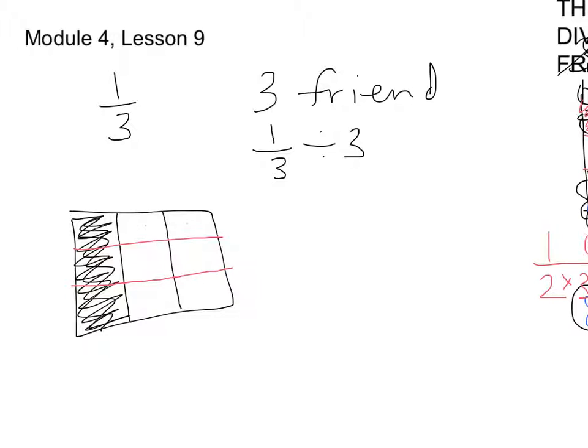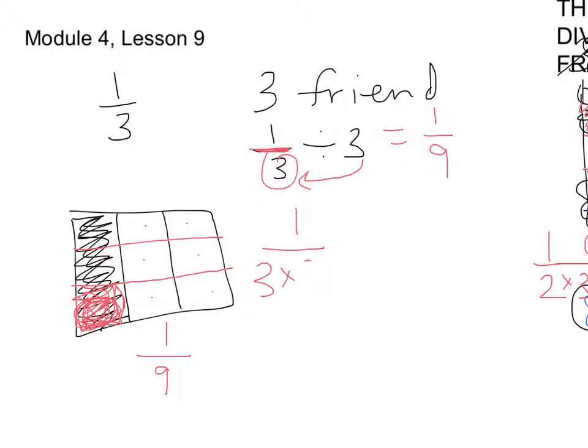I've now got 1, 2, 3, 4, 5, 6, 7, 8, 9. I've got ninths, and each friend is getting one of those ninths. That's a very reasonable portion of brownies there. So 1/3 divided by 3 equals 1/9. And we know that the denominator is division, right? This means divided by. So it's like I'm just adding this 3 over here. 1/9.